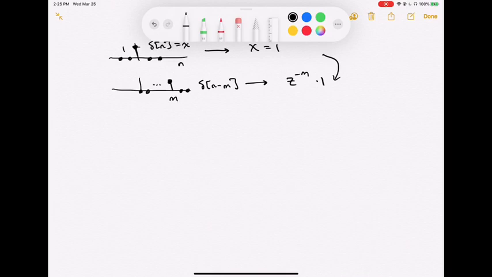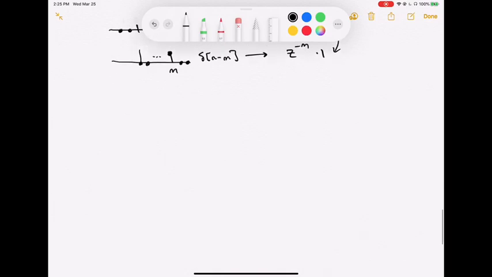So let's think about the unilateral z transform and this right shift property.